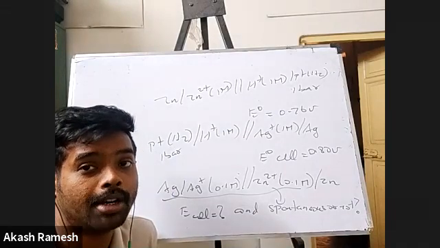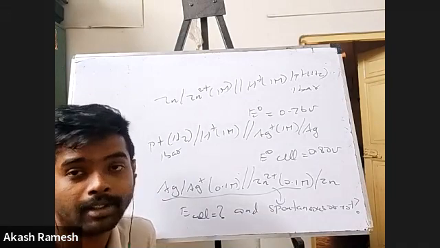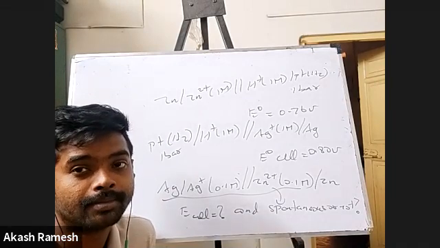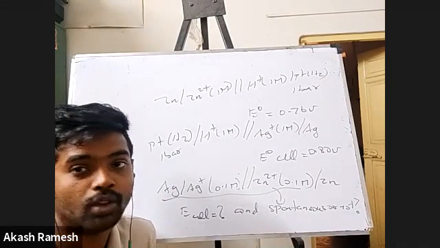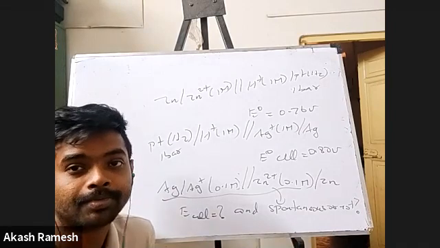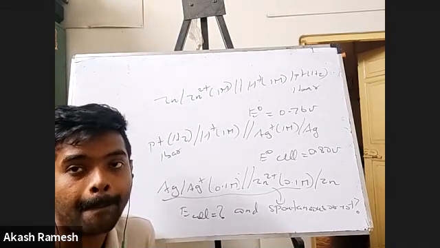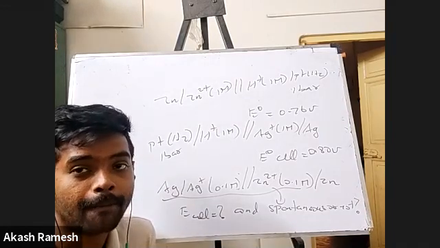Remember, the E naught of any given cell can be calculated like this: if I give you two half-cells and the reduction potential values of each, how will you find the E naught?